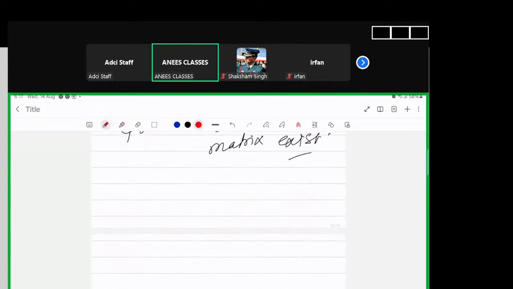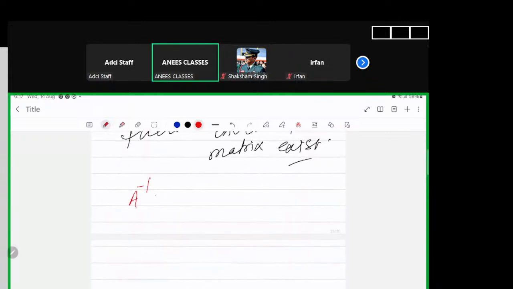Now, what is the inverse? A inverse is equal to adjoint A divided by determinant A. Okay? Right? You will get A inverse.